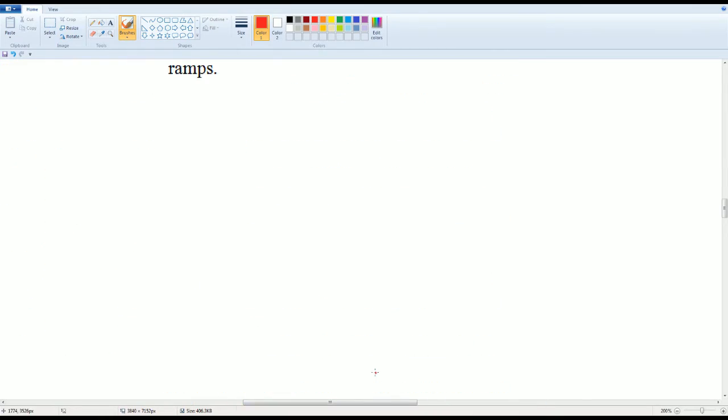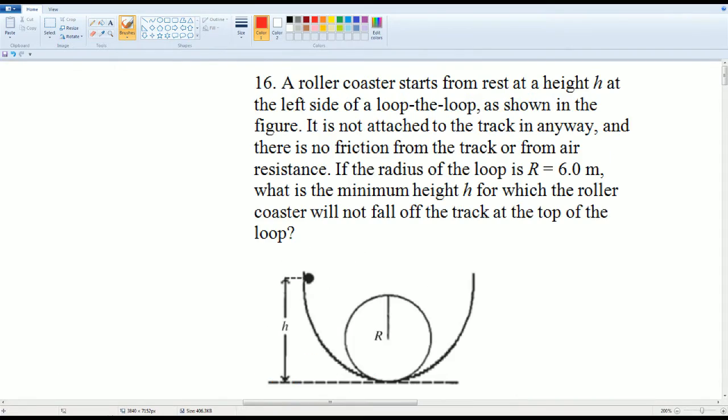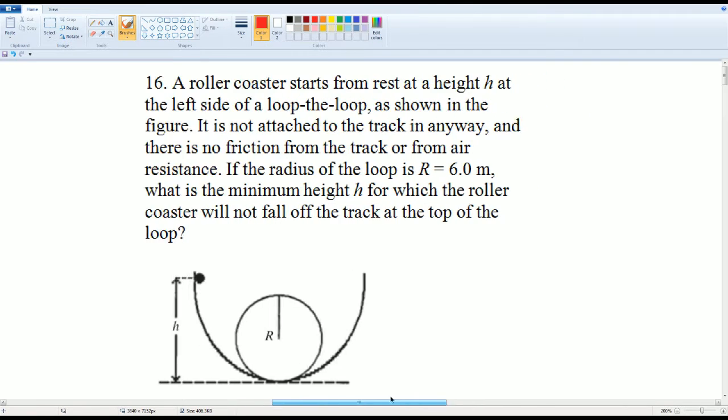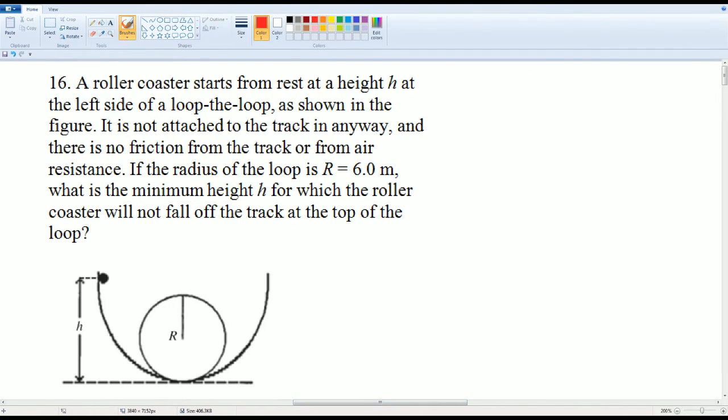Good. Let's go up here. Hopefully this video is shorter. Okay, a roller coaster starts from height h on this side and swings around there, and it needs to maintain a certain speed. What is the height for it to maintain there?